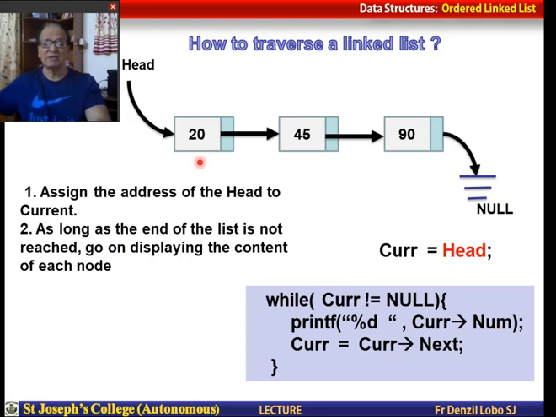So I'm here at current, because head is pointing to current. I print 20, then current becomes current next, this becomes current, I print the content of that, then current becomes current next, I print the content of that, and current next is equal to null, therefore it comes out of the loop. So this way we have printed the content of the list.